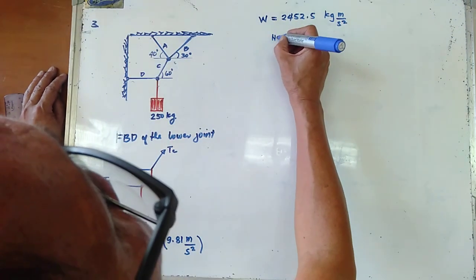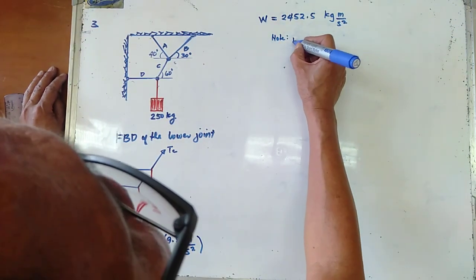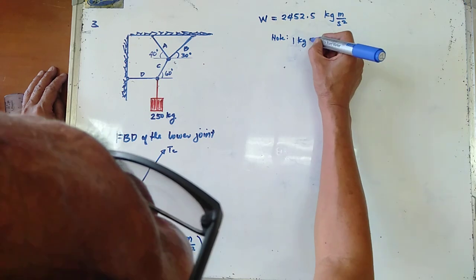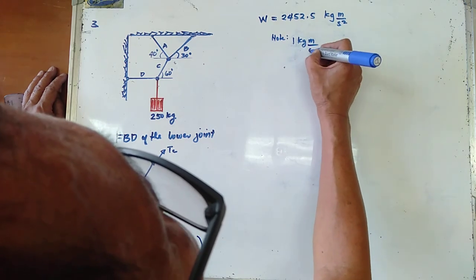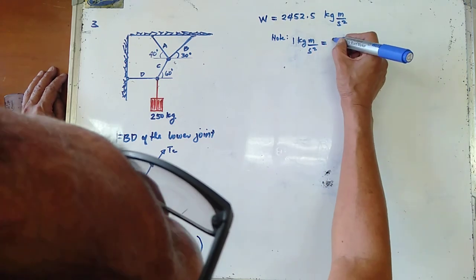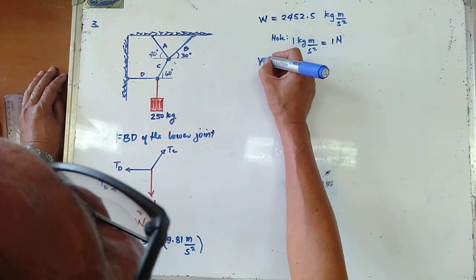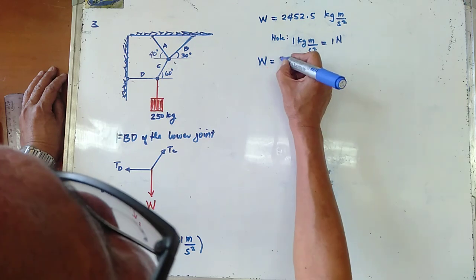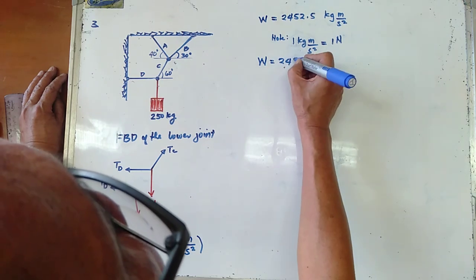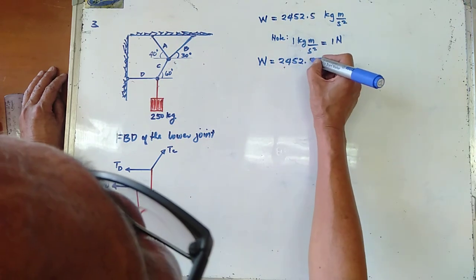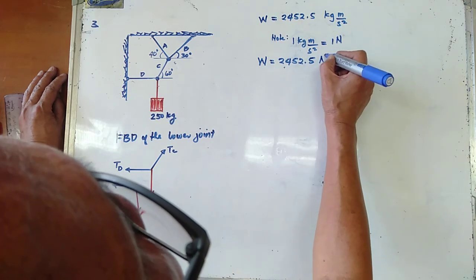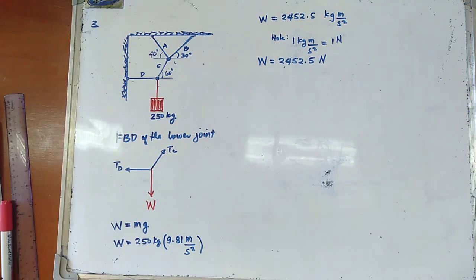Now, take note here that 1 kilogram meter per second squared is equal to 1 newton. Hence, your W is now equal to 2452.5 newtons.